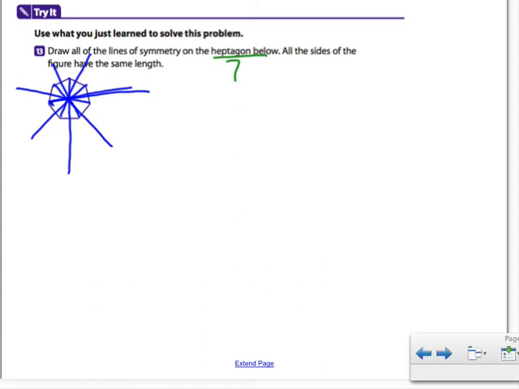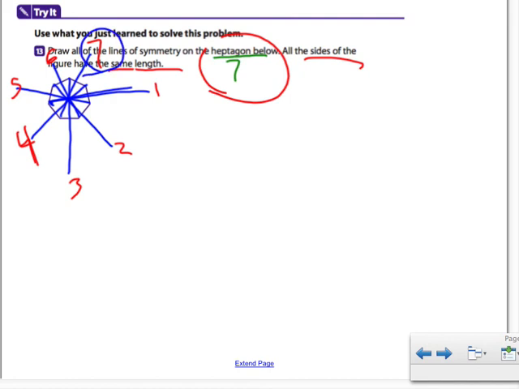And just like a heptagon is 7, if you count, you will see 7 lines of symmetry. That's what happens when the angles and the sides are the same length. A heptagon, which means 7, also has 7 lines of symmetry.